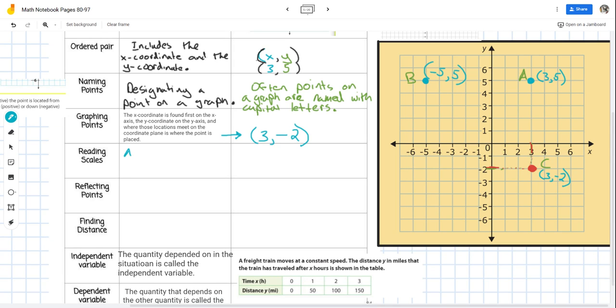A scale on a graph is used to show the way numbers or pictures are used in the data.